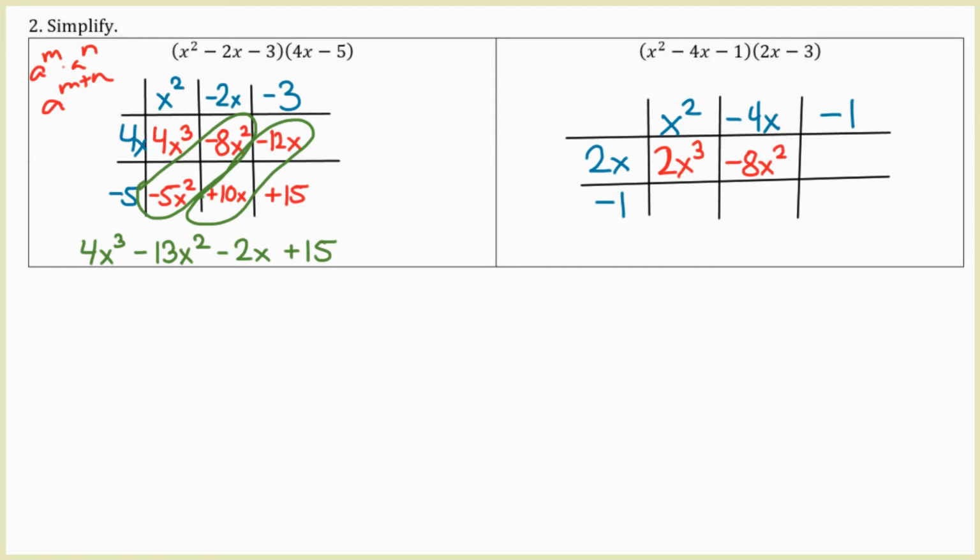And then finally, negative 1 times 2x is negative 2x. Let's go to the bottom. We get a negative x squared. Negative 1 and negative 4 gives me a positive 4x, a negative and a negative. And negative 1 times negative 1 is going to give me a positive 1.